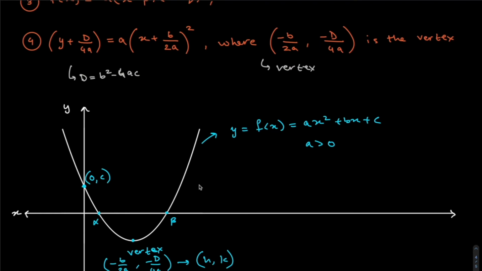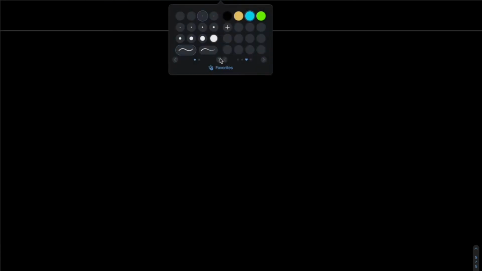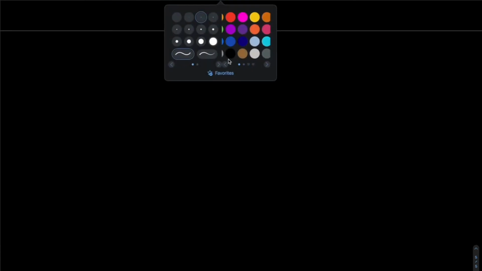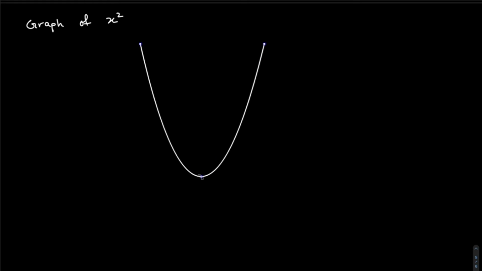So now let's look at a simple graph of y is equal to x squared, the very normal, basic parabola, because we're going to make all the transitions from this standard equation. So the graph of x squared: I'm going to draw my parabola like this, dropping it down like this.